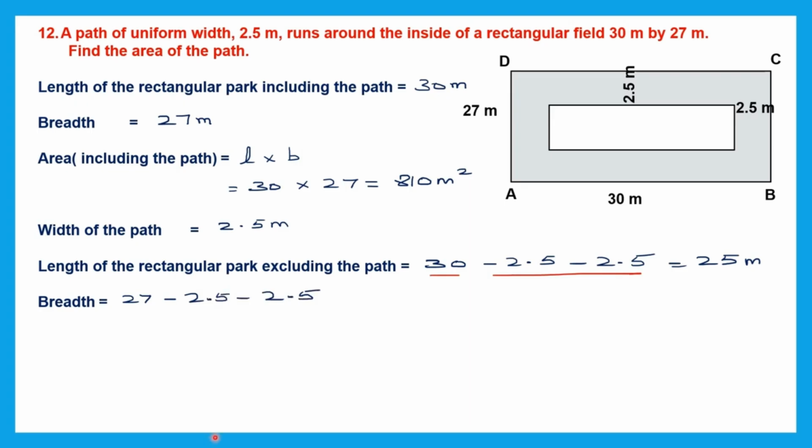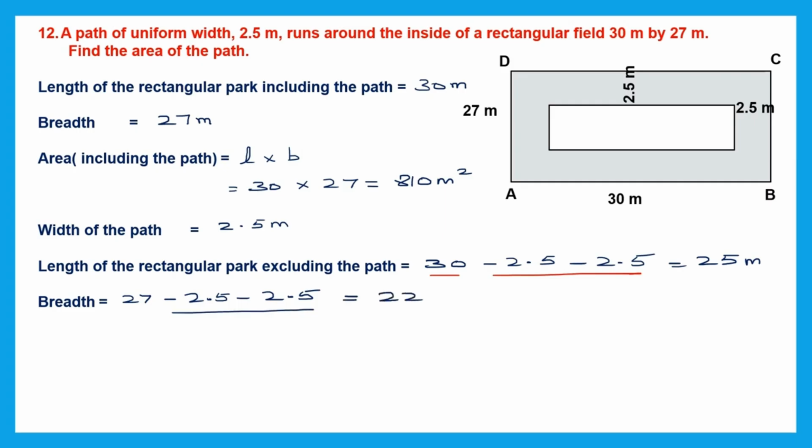I hope you understood how we got that. See, this whole thing is 27. If we have to find only this much, it should be 27 minus this portion, which is 2.5, minus this portion, which is 2.5. That's how we got 2.5 twice. So here also it's 27 minus 5. 27 minus 5 is 22.